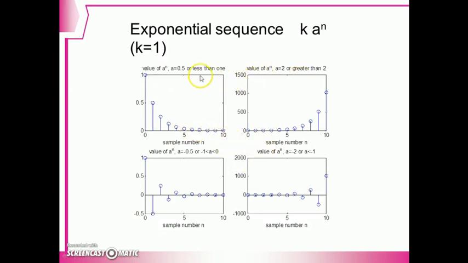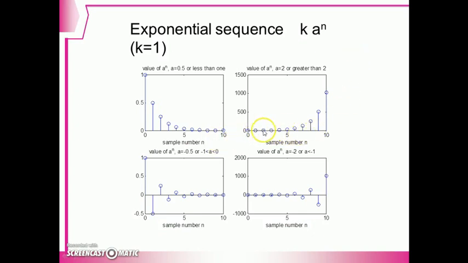Now we see the other case, when the value of a is more than 1. When a is 2, for the first value, n equal to 0, the value is 1, n equal to 1, the value is 2, n equal to 2, the value is 4, and so on.